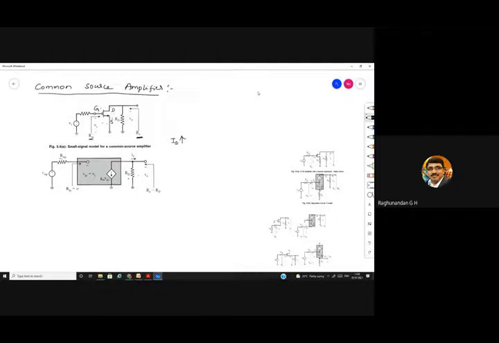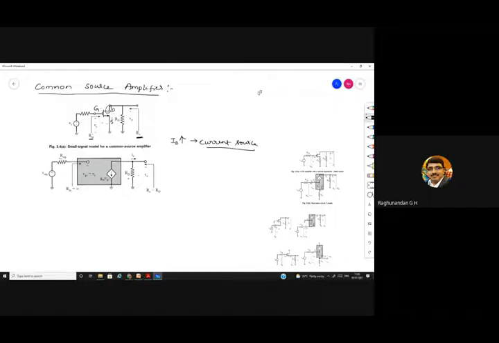So from this analysis, what we understand is the drain terminal is acting like a current source.